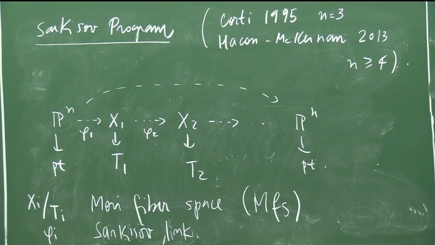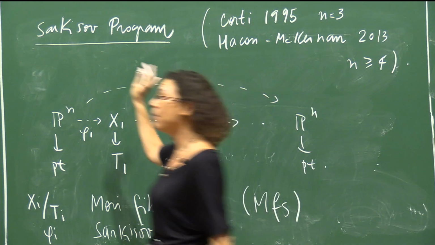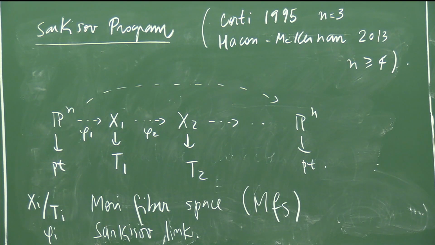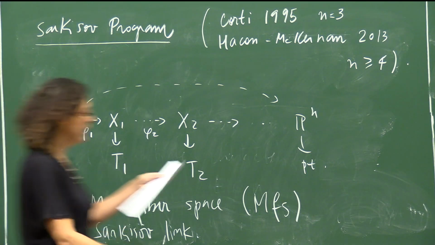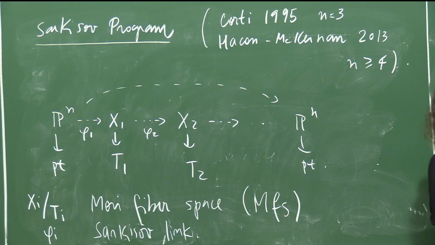So this turns out to be a very useful tool to study the Cremona group, and much of the recent progress has been obtained by exploiting this program. And now I want to go back to Calabi-Yau pairs. It turns out that for Calabi-Yau pairs, we have a version of the Sarkisov program. This is a later theorem by Corti and Kaloghiros.